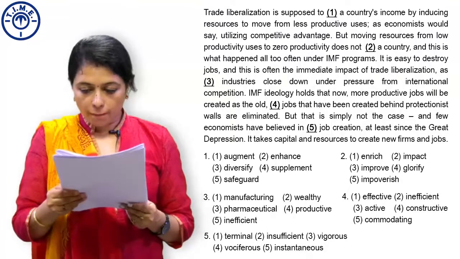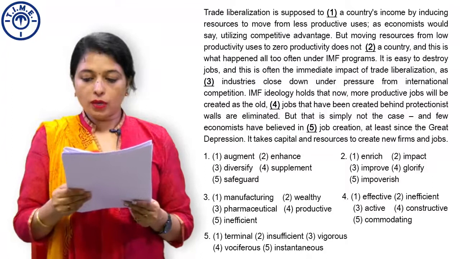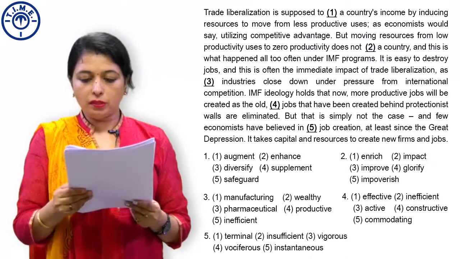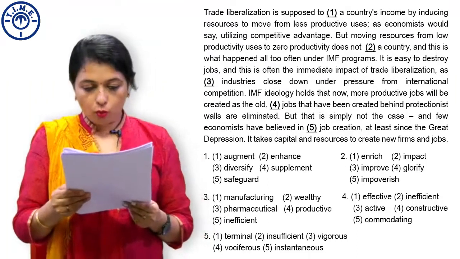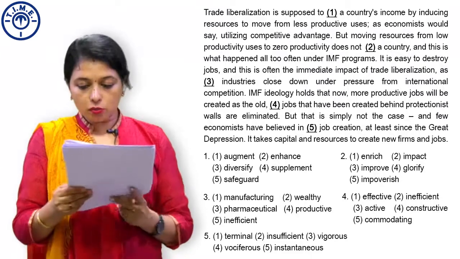The fourth one now, IMF ideology holds that now more productive jobs will be created as the old dash jobs that have been created behind protectionist walls are eliminated. So, what kind of jobs have been created behind protectionist walls?